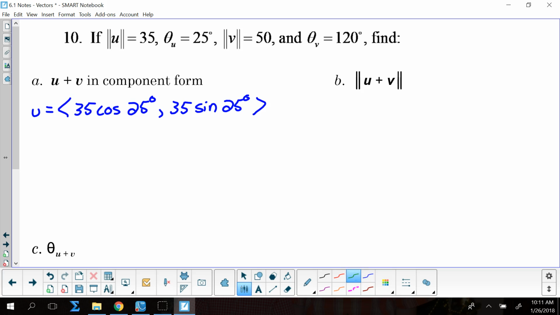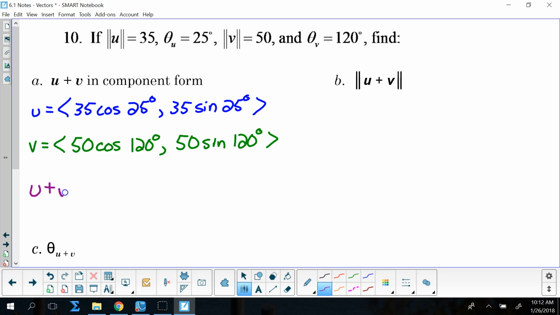Then I need to find the component form of v, which is going to be the magnitude of v times v's direction angle cosine, and magnitude times the sine of v's direction angle. Yes? Okay. And then u plus v is going to be those two added together.